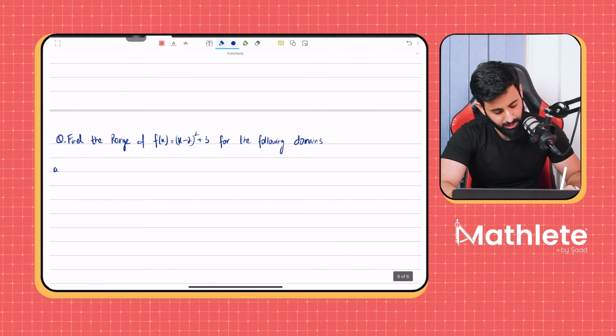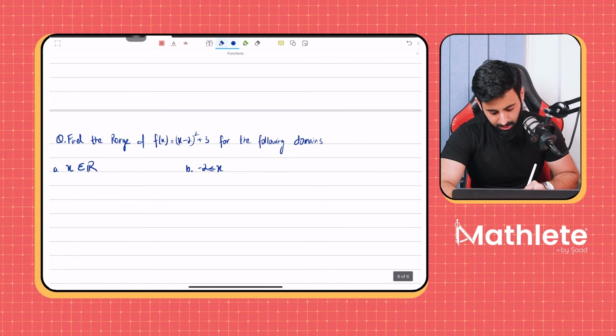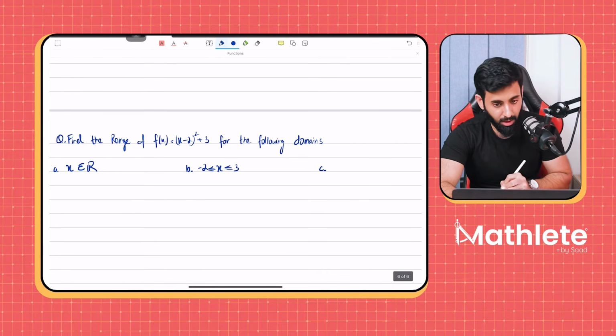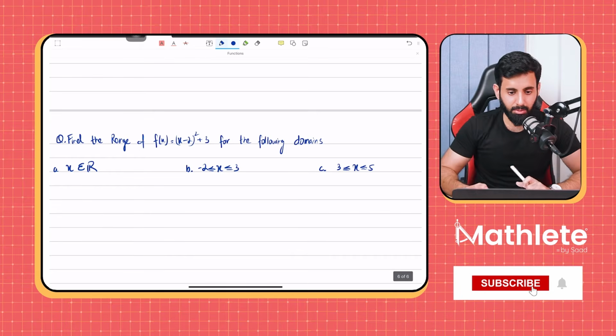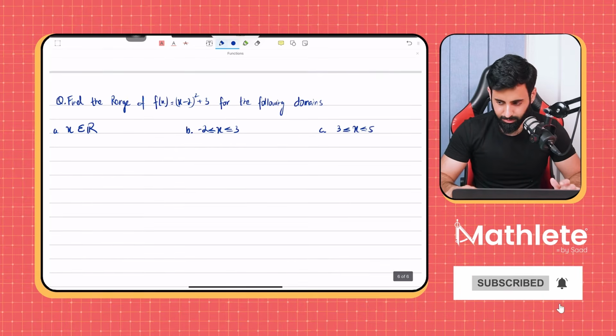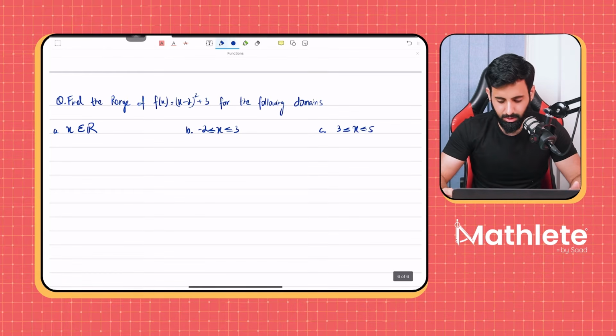First part, x belongs to the set of all real values. Part B, x is greater than or equal to minus 2, lesser than or equal to 3. Part C, x is greater than or equal to 3, lesser than or equal to 5. Now I'm going to solve this question. Don't worry about it.